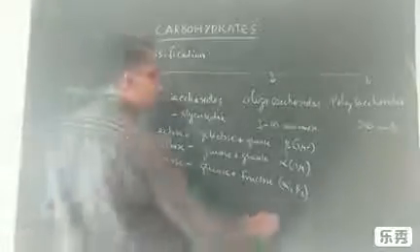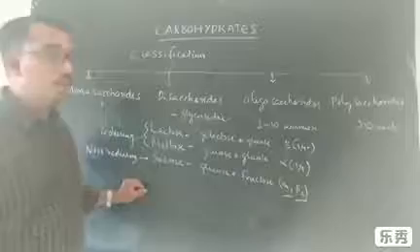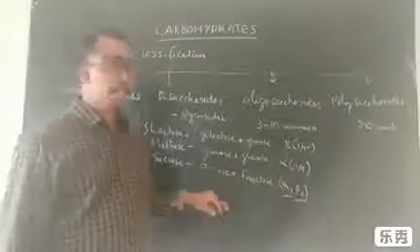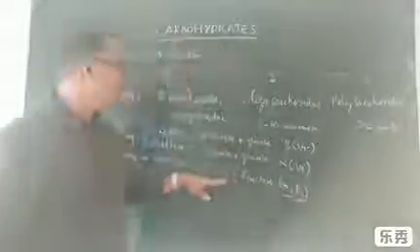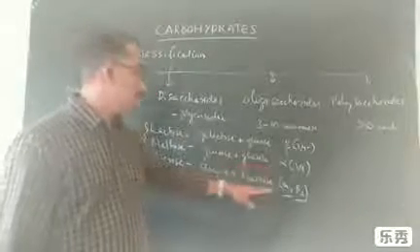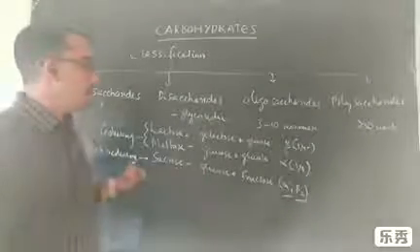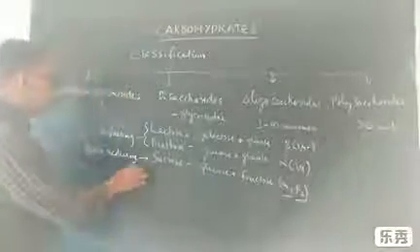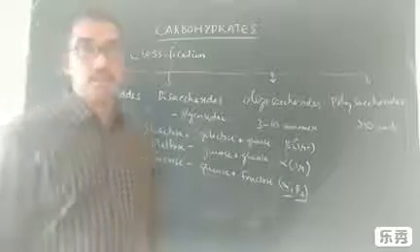Sucrose is non-reducing because the alpha 1 carbon of glucose and the beta 2 carbon of fructose, which contain the functional groups, are linked together to form the glycosidic linkage. So it will not act as a reducing sugar.